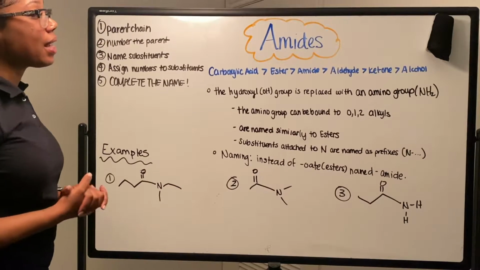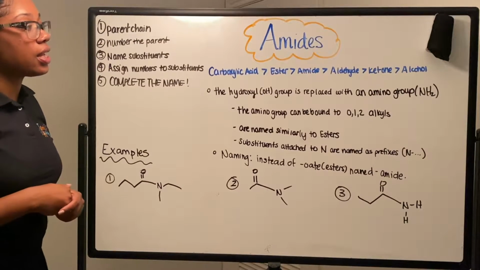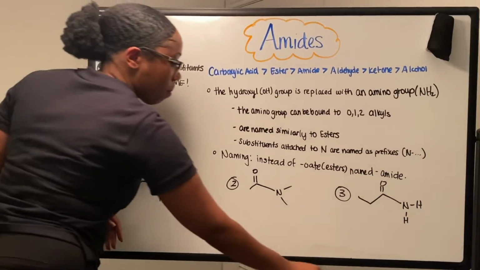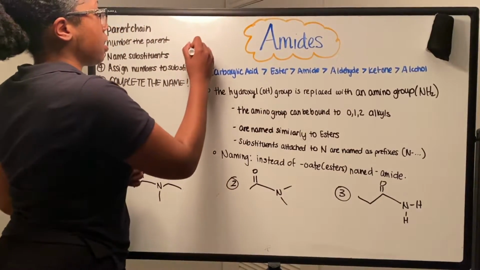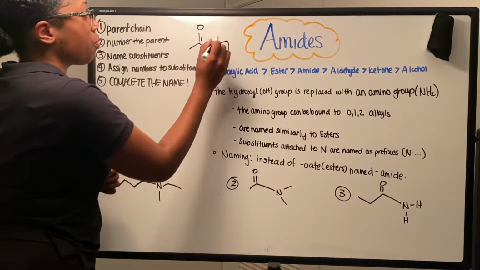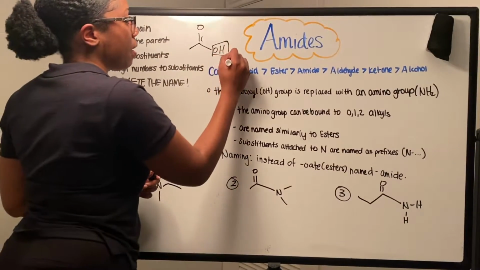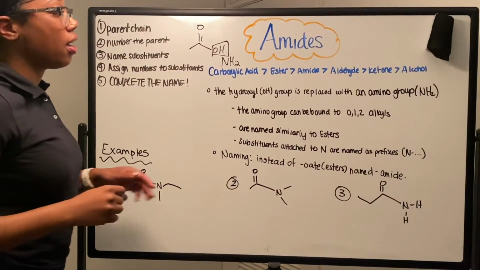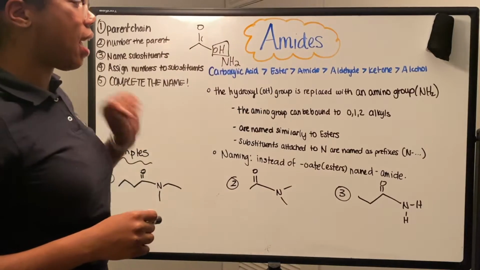So when we begin discussing amides, the first thing is that the hydroxyl group, so originally the carboxylic acid looks like this, right? This group is replaced with an amino group, such as NH2, to form an amide.